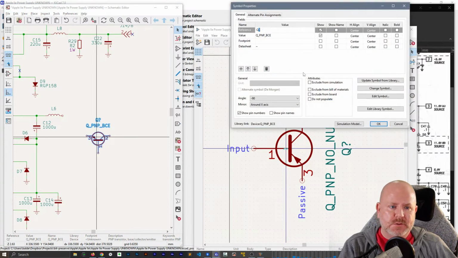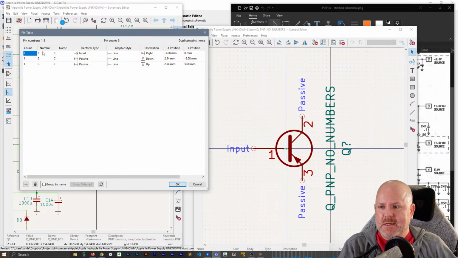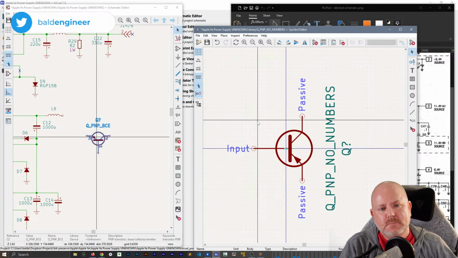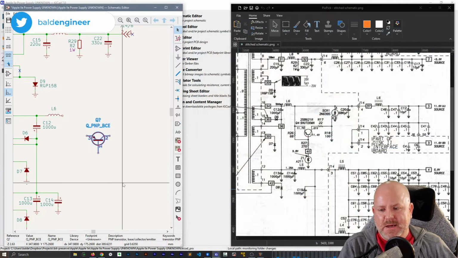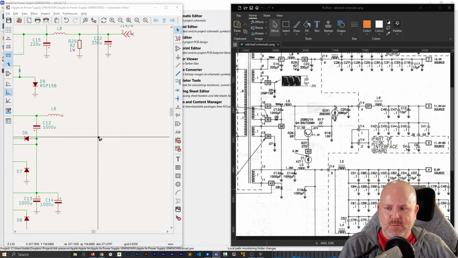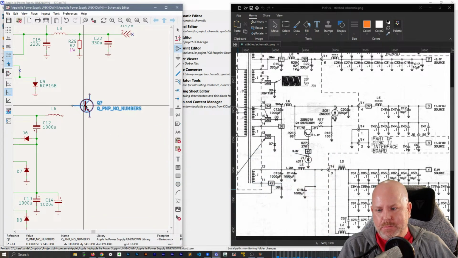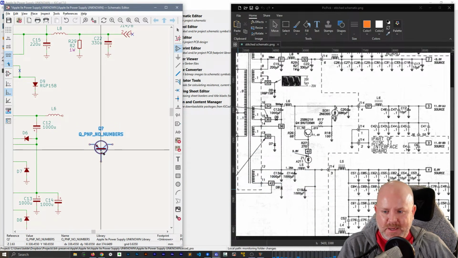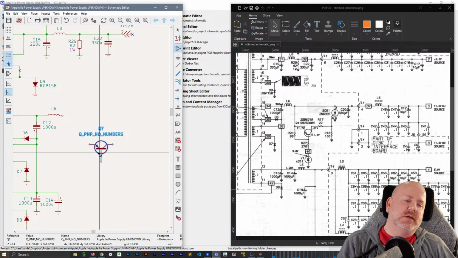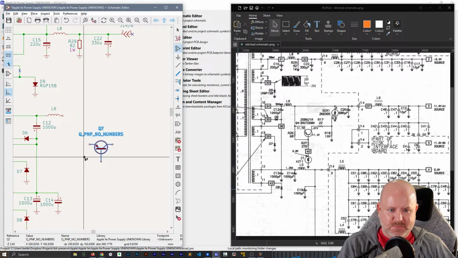Then we're going to come in here and delete the pin numbers because I don't care. So we can save that, and then delete this one because that was the original one we created. Now I'm going to look for no numbers and I have a PNP. So rotate that, X that, so we get the emitter on the correct side.